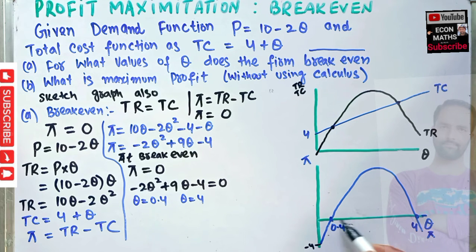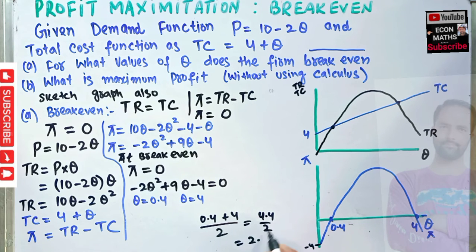So we need to find the middle point of these 2 points. We have 0.5 plus 4 divided by 2 will give us the halfway point. So this is 4.5 upon 2.